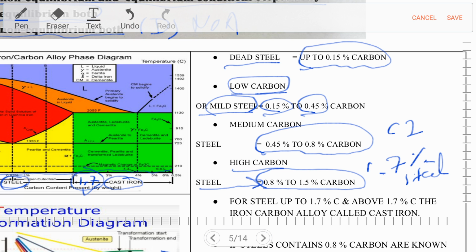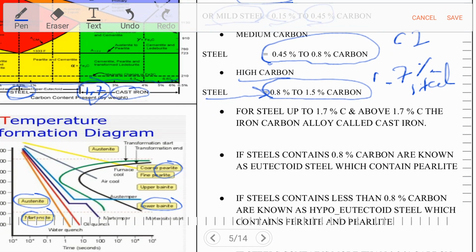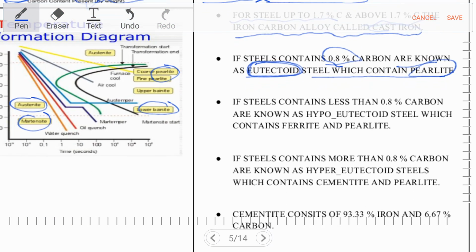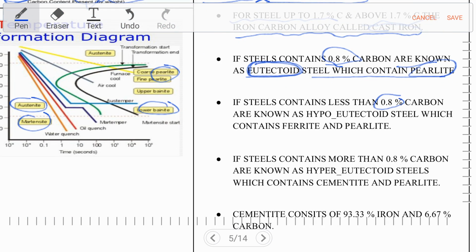Okay, steel is up to 1.7 carbon, that we know, and above 1.7 carbon the iron carbon alloy is called cast iron. If steel contains 0.8 percent carbon, it is known as eutectoid. Remember this word, eutectoid. This steel contains pearlite, which is a phase. If steel contains less than 0.8 percent carbon, it is known as hypoeutectoid.